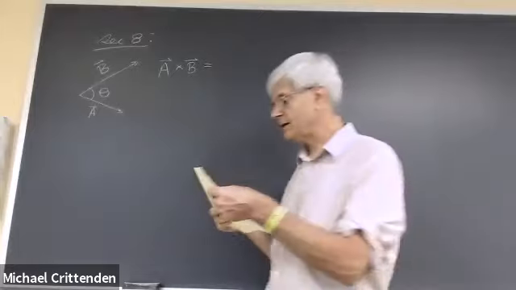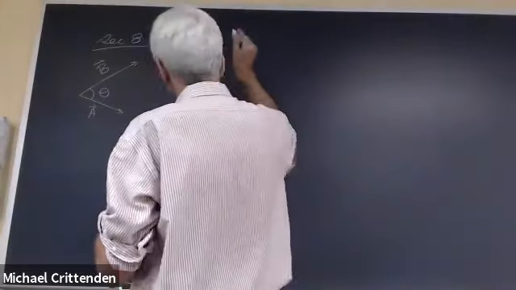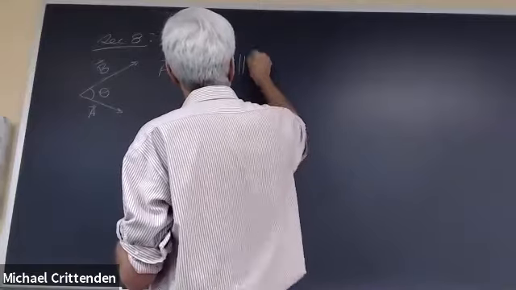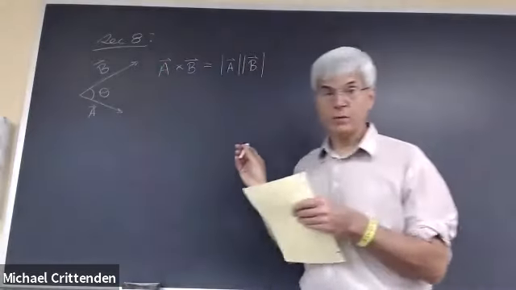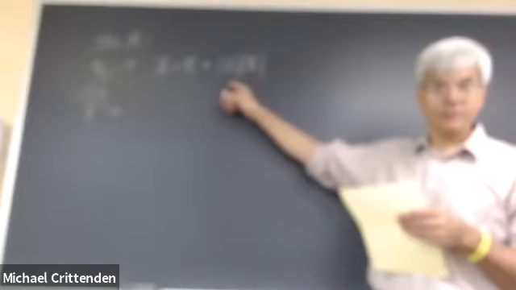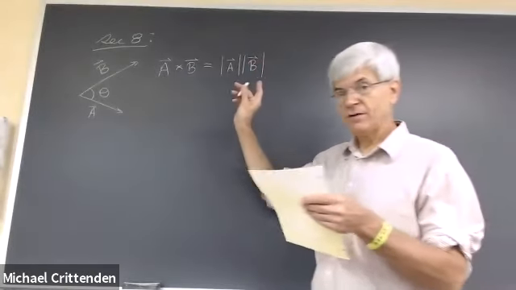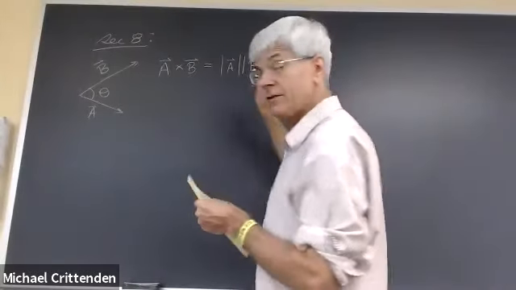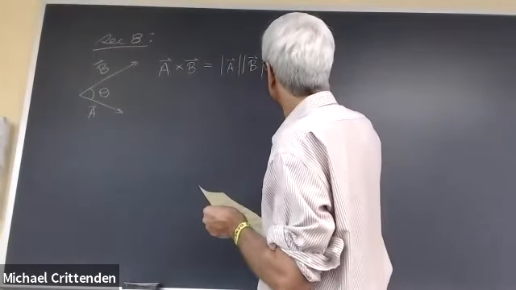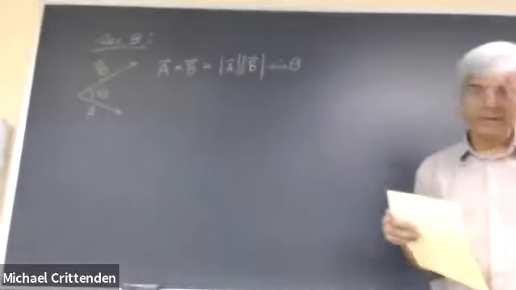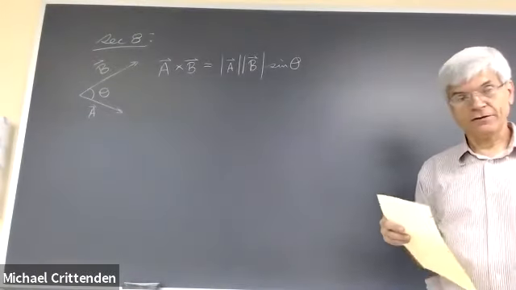Well, the cross product starts out the same way. Magnitude of the one vector times the magnitude of the other vector times, this time, the sine instead of the cosine. Not that much of a difference.